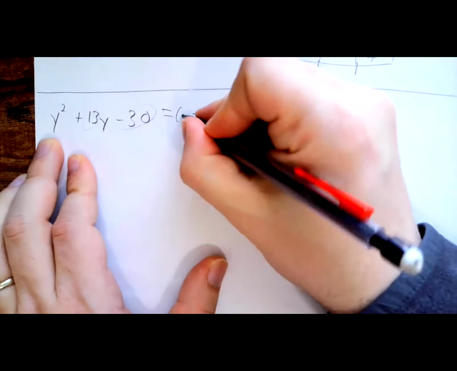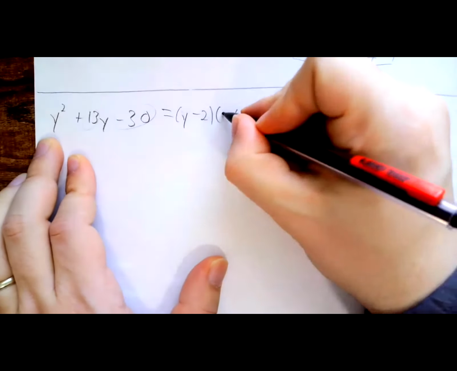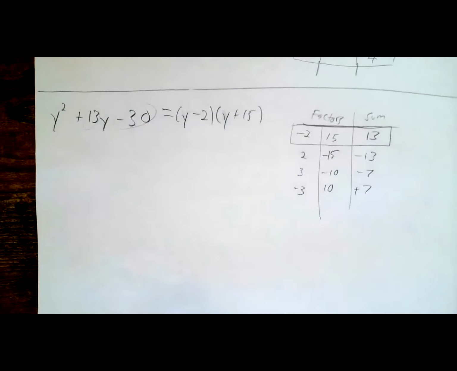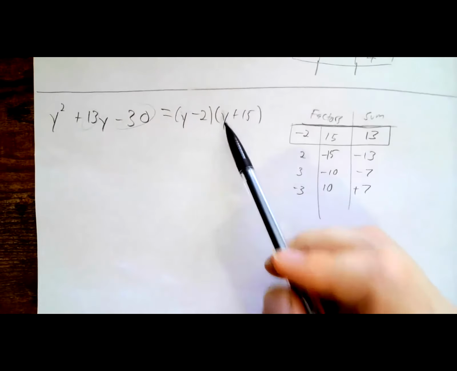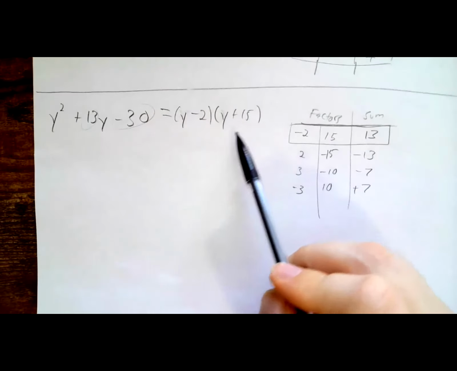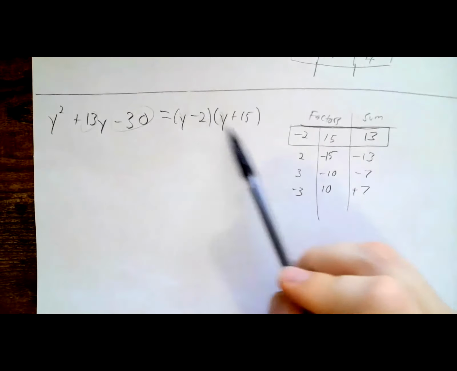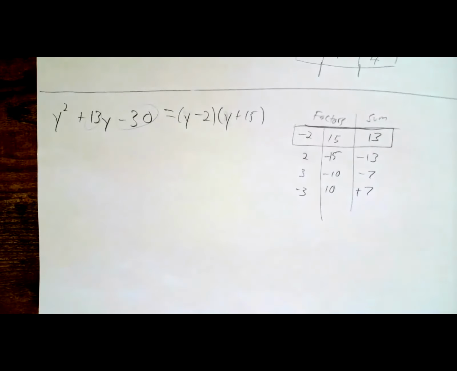It's kind of silly. y minus 2 times y plus 15. Excuse me for that. But you multiply it out. y squared for the first, for the outside, y times 15 minus 2y is 13y. And then finally for the last, negative 2 times 15 is negative 30. So you can FOIL it out to check your work, but you know you're going to be right as soon as you pick two numbers that multiply to negative 30 and add up to 13.